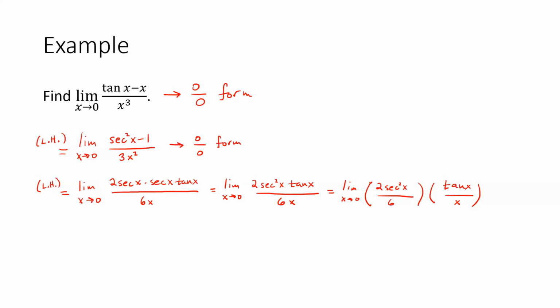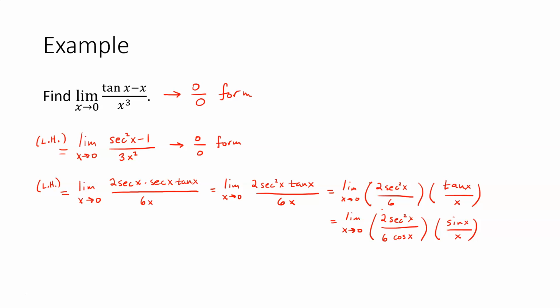And so sine x over x, we know goes to 1. So I could just do a little bit more manipulation here. So I got 2 secant squared x over here. This would be sine x over cosine x. Here I'll put the cosine x down here. And then this is sine x over x.